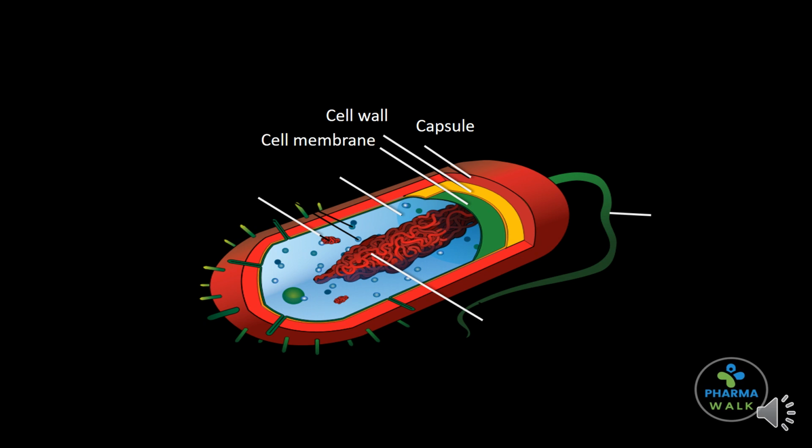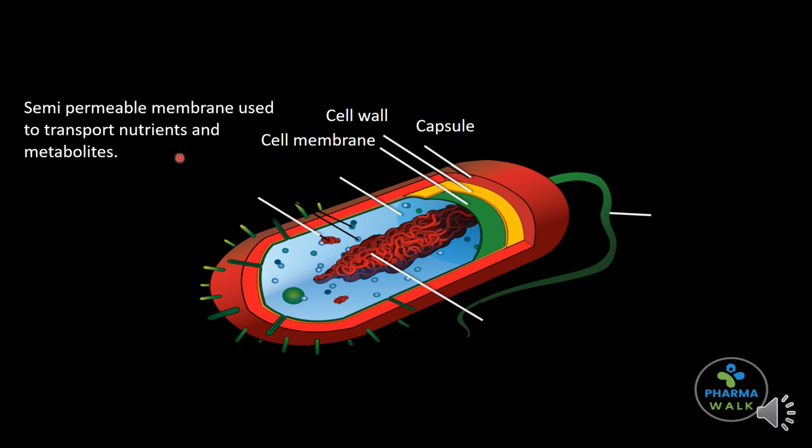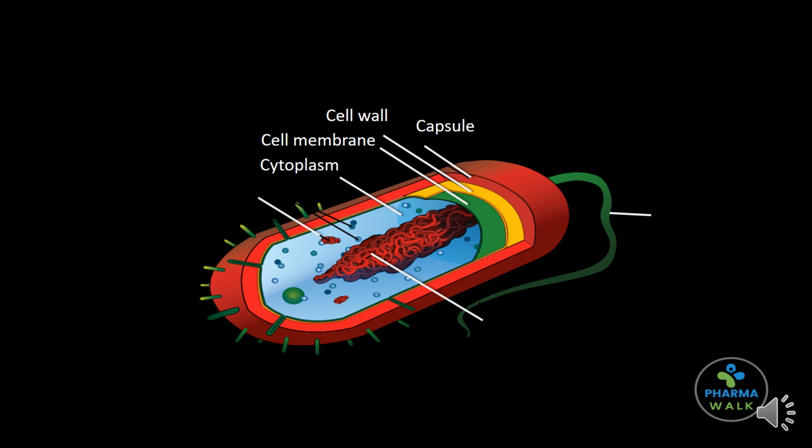The next structure in the bacterial cell is the cell membrane, sometimes also called the plasma membrane. This cell membrane is actually a semi-permeable membrane used to transport the nutrients and metabolites inside the bacterial cell. This cell membrane covers a gelatinous fluid present inside the cell of a bacteria.